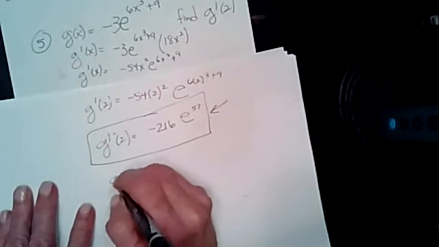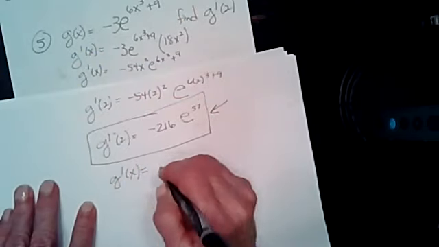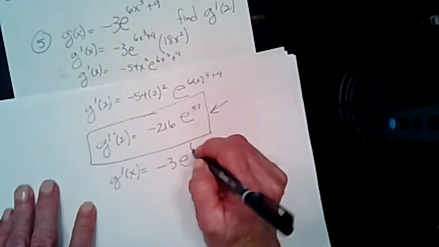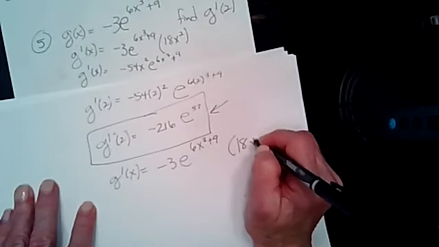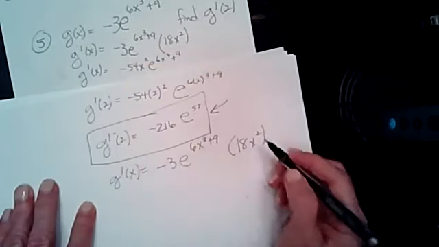And honestly, if you took this first derivative that we took, negative 3e to the 6x cubed plus 9 times 18x squared, you didn't have to multiply that out.